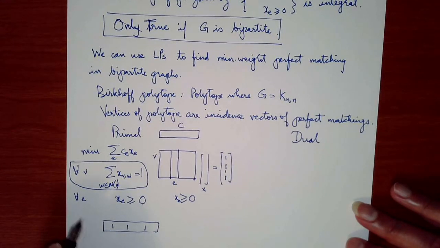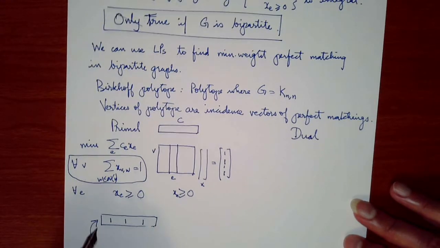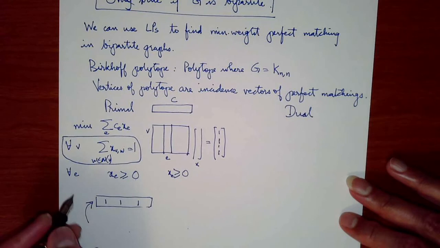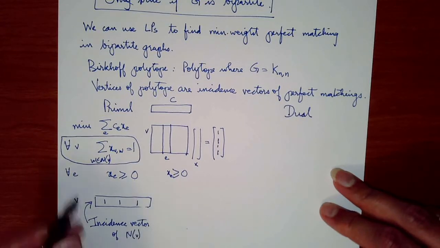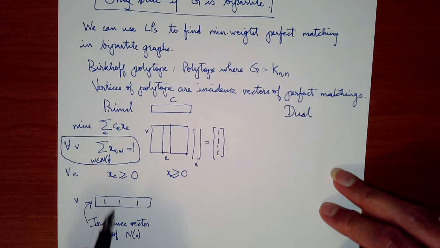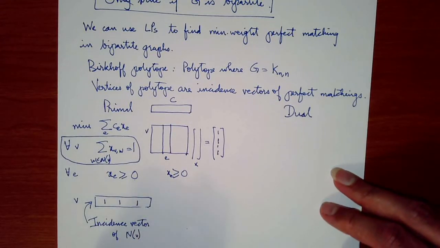Does that make sense? So the row corresponding to V is the incidence vector of the neighborhood of V. Right? Because you're going to have one variable for each. Well, the edge incidence vector.